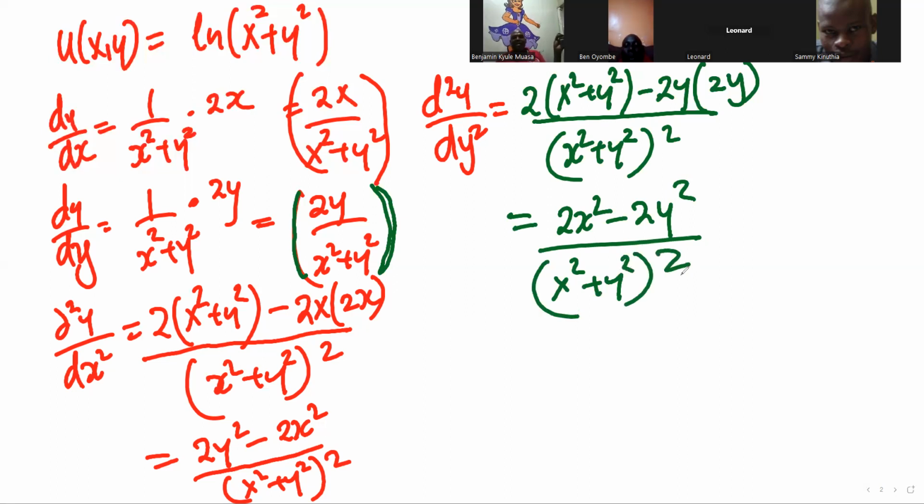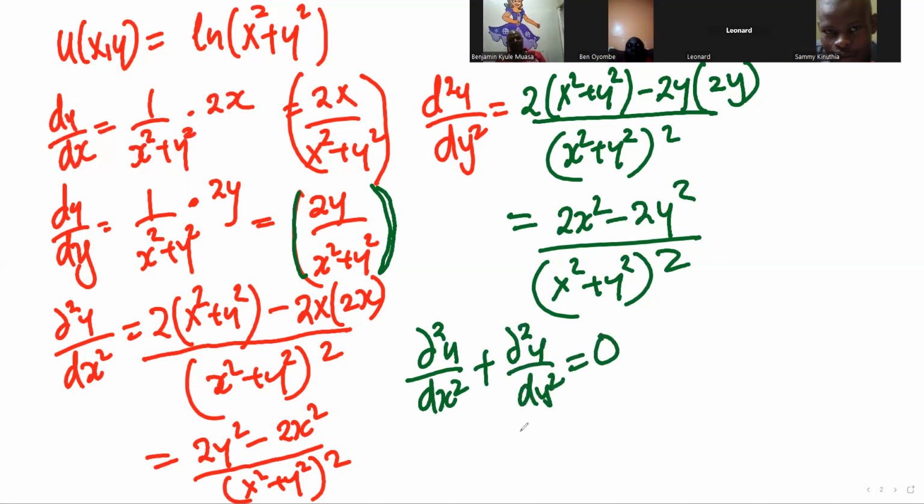And we see that for a function to be harmonic, it should fulfill what's called the Laplace equation. Do you remember the Laplace equation? Yes. d squared u over dx squared plus d squared u over dy squared is equal to 0.